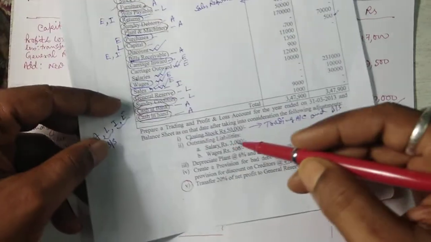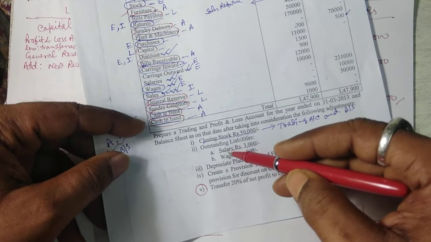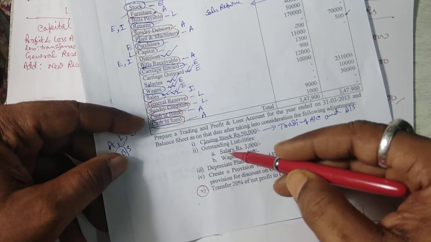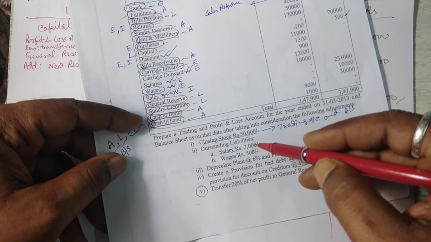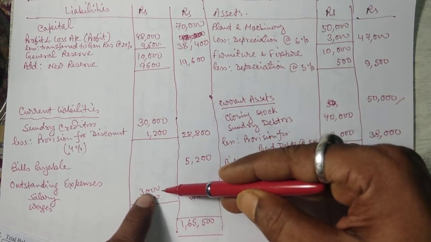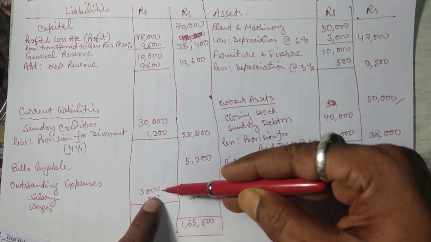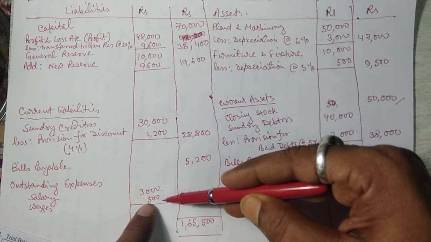Again, outstanding salary. While we prepared profit and loss account, we considered 3,000 for outstanding salary, and here we also considered 3,000 for outstanding expenses. Similarly, wages. When we prepared trading account, we considered 500. Again, we have considered wages 500 here. Clear?